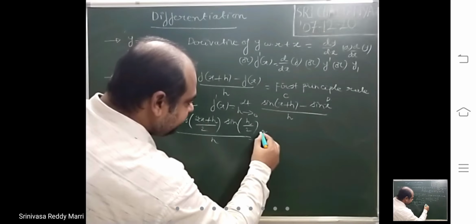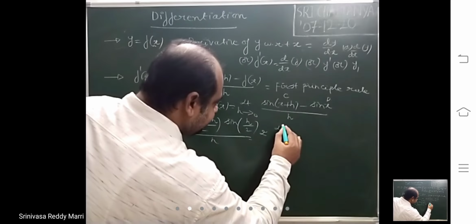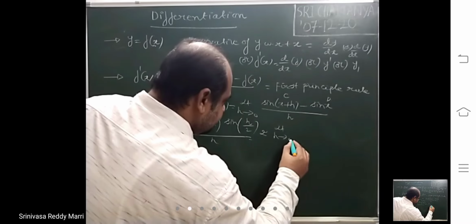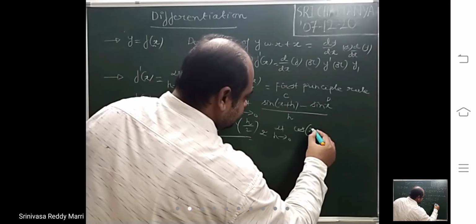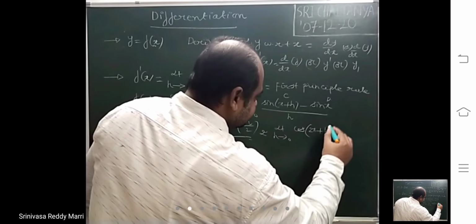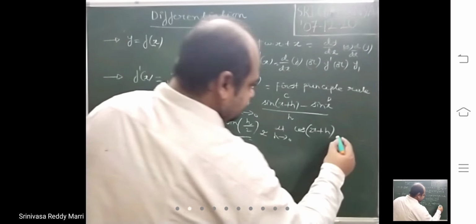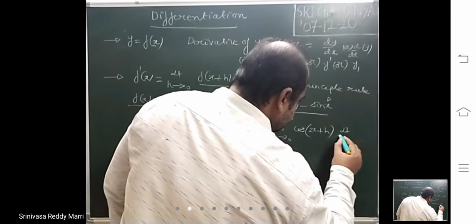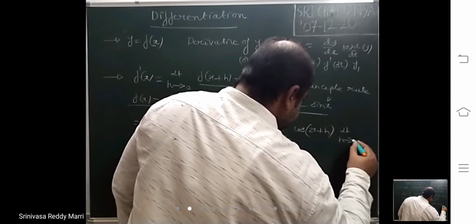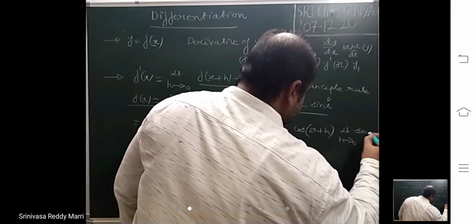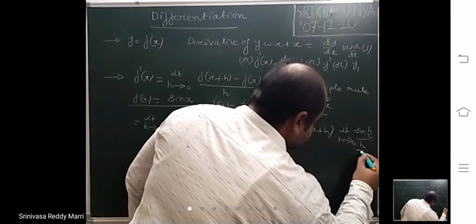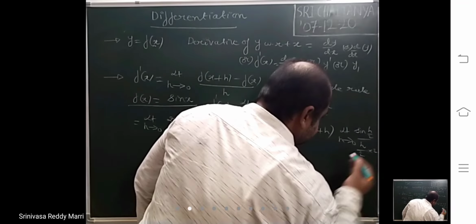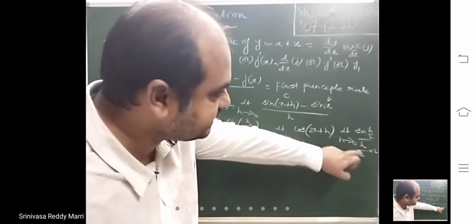So this limit I am evaluating, applying it separately. Limit h tends to 0 of cos of 2x plus h by 2, into the standard limit as h tends to 0 of sin of h by 2 divided by h by 2, which is 1.